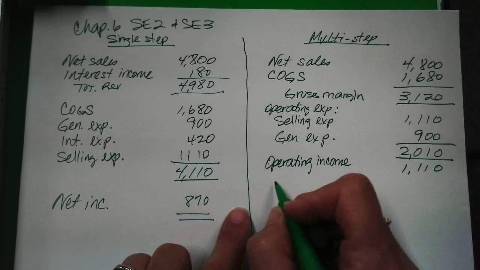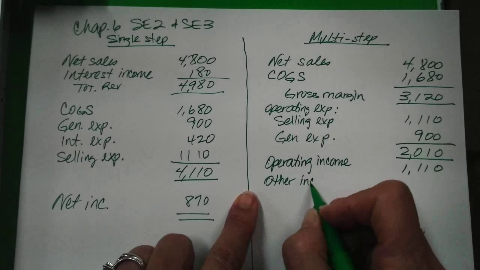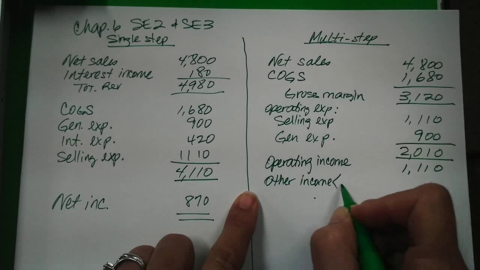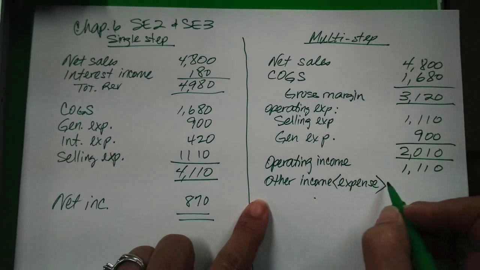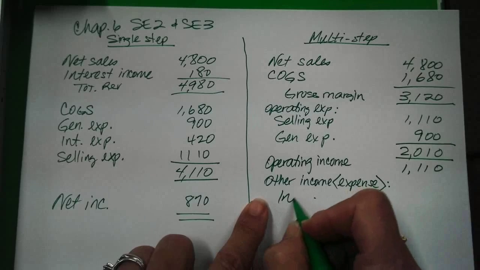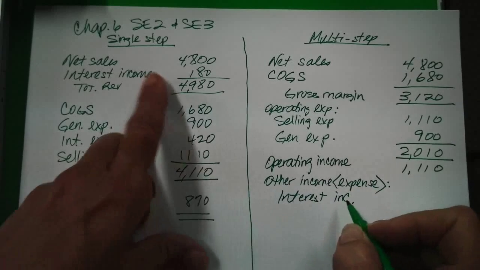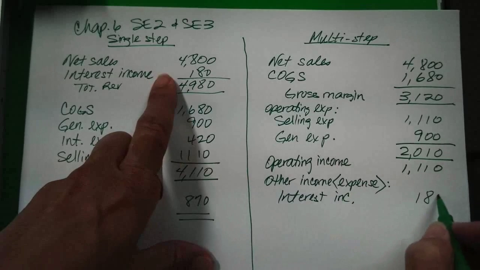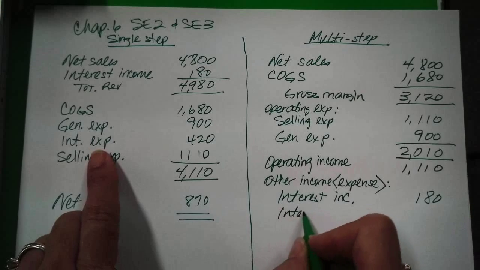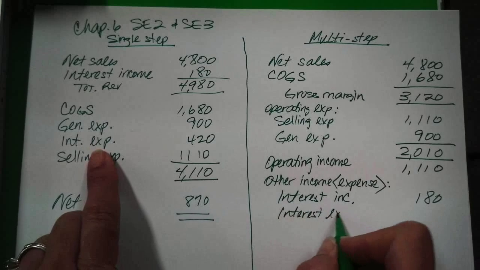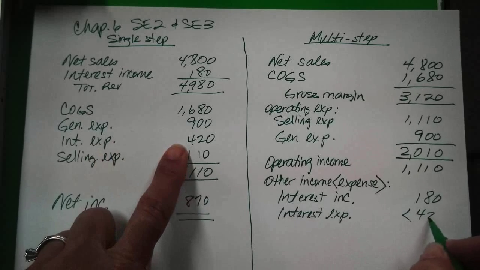Now I'm going to list my other income or expense. We've got interest income of $180, and we've got interest expense of $420.